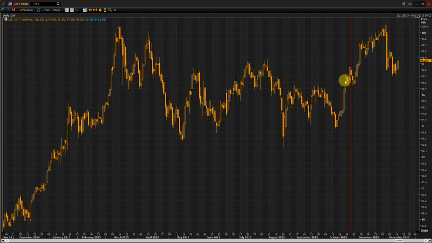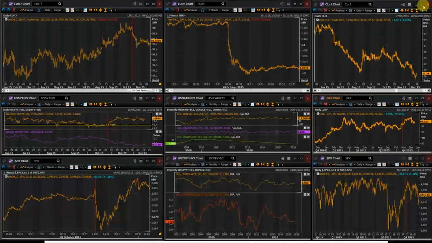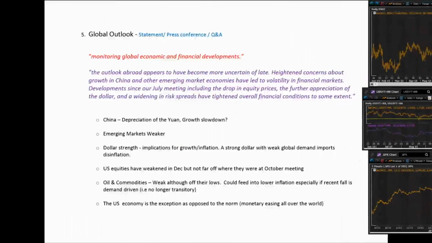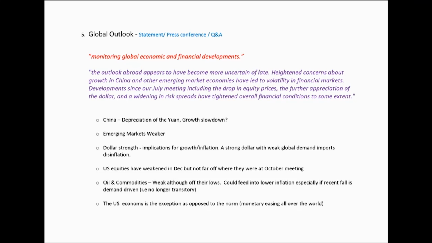It's pretty much the same as where it was last meeting. So the dollar strength, yes, it's potentially a concern, but not in the sense of the dollar being strong, but the implications it can have for growth and inflation. Because a strong dollar with weak global demand imports disinflation, and obviously, inflation is the indicator that the Fed have been most concerned about.